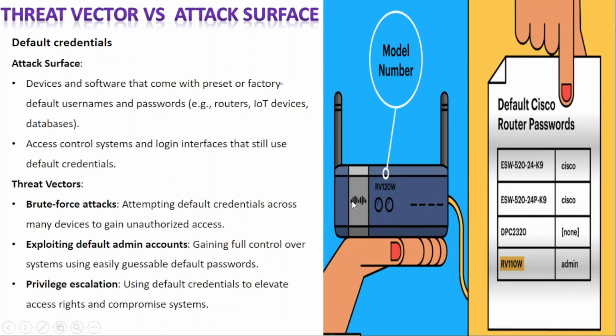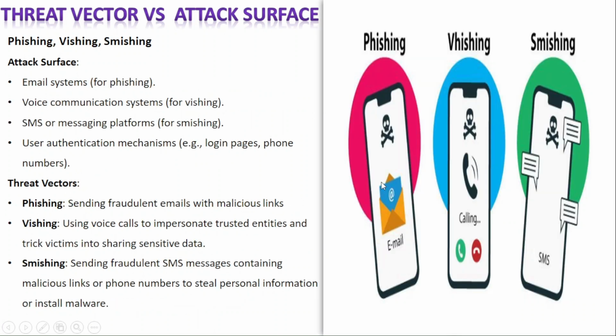As I said, the default credentials are easily available over the internet, and if someone knows that this model is connected over this IP, he or she can easily access it. Privilege escalation: using default credentials to elevate access rights and compromise systems. So once inside this device, the attacker can then connect to other devices and escalate his or her privileges.